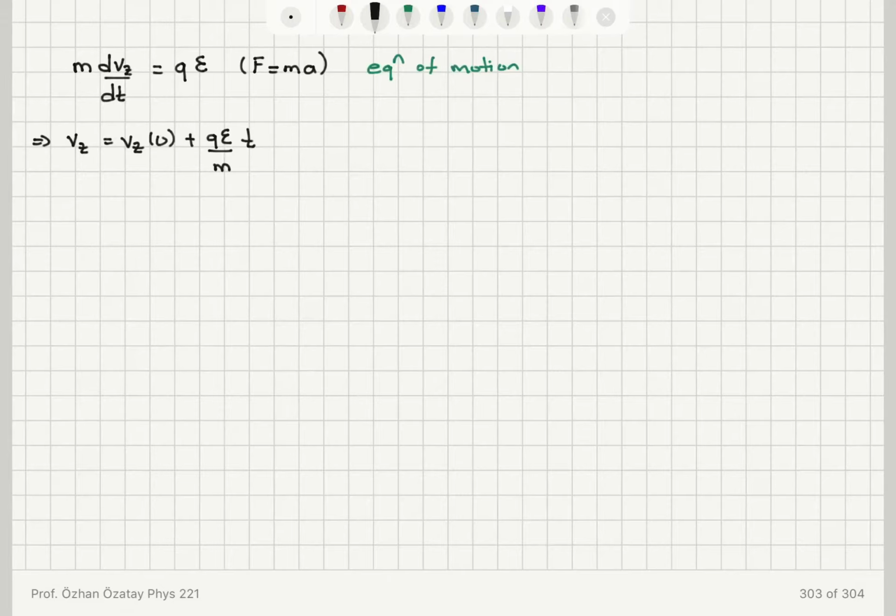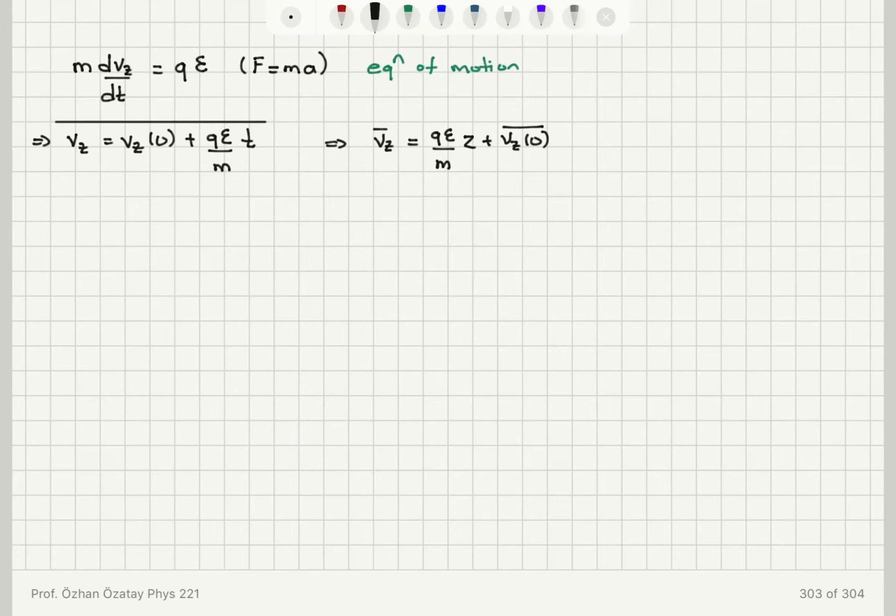And if I take the time average of this equation, I will get Vz bar, the mean value of the z component of the velocity, is q epsilon over m times tau plus the Vz value at 0 average.